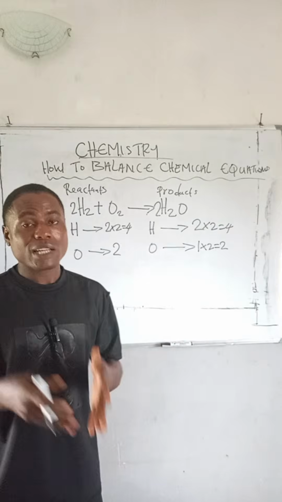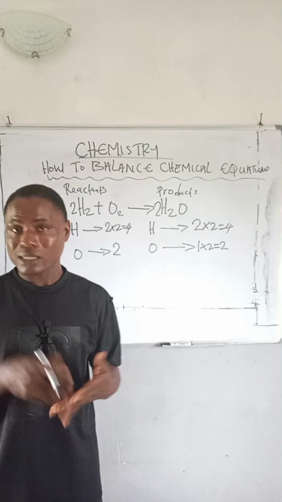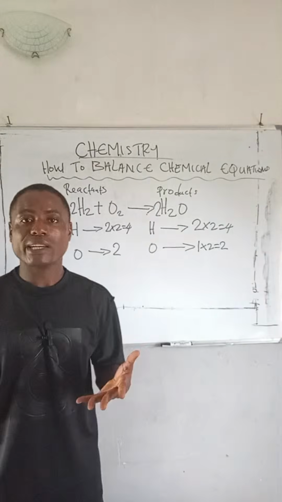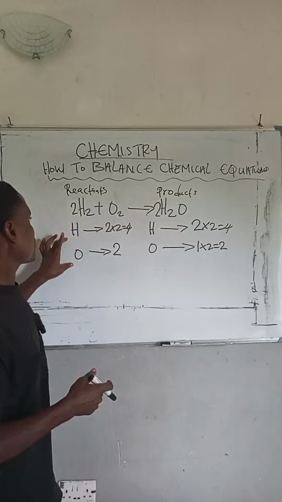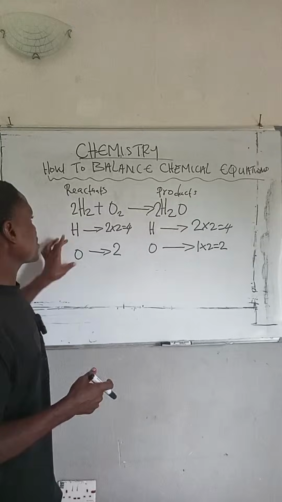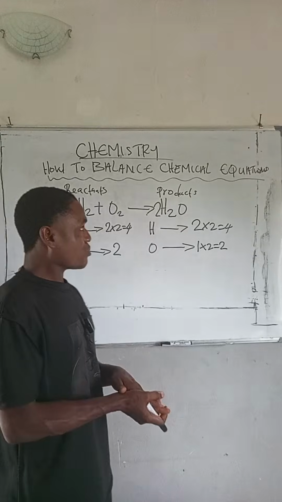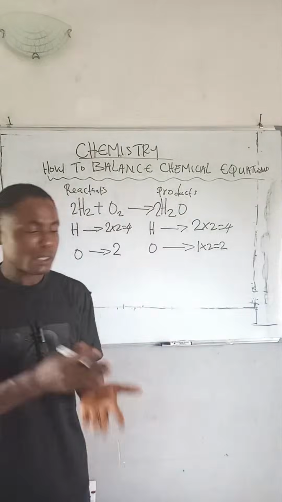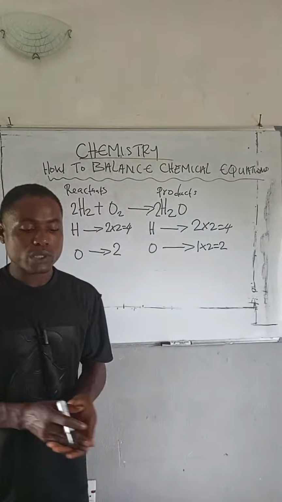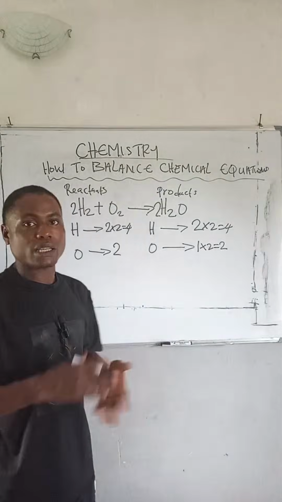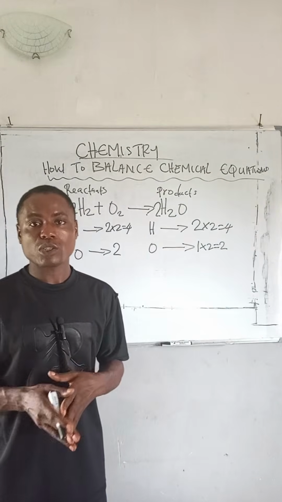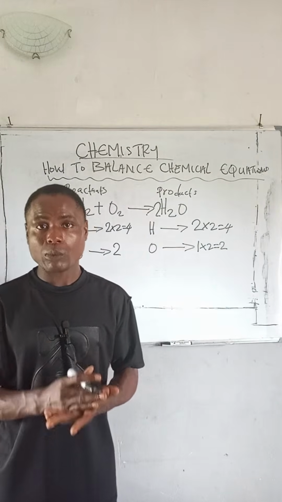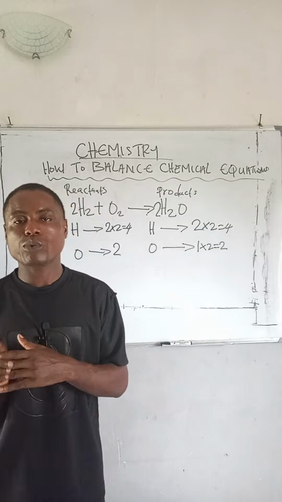Some you can start with 8. Some you can start with 4. Some you can start with 5. Are you getting it? Don't start with 2. Okay, if you notice that in the chemical equation, if you introduce 2, it will balance, then you start with 2. I get it. But before you start introducing any number, make sure you take note of the chemical equation.